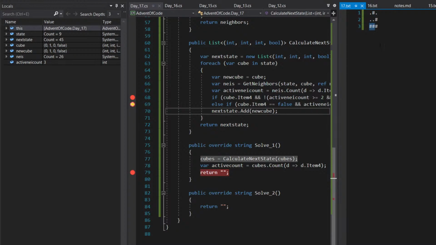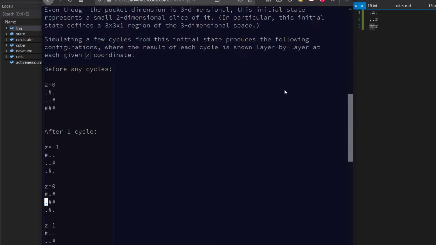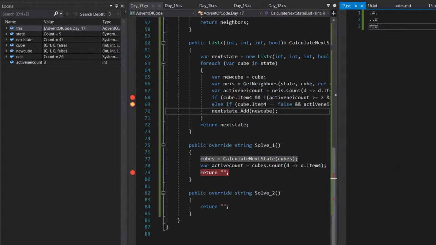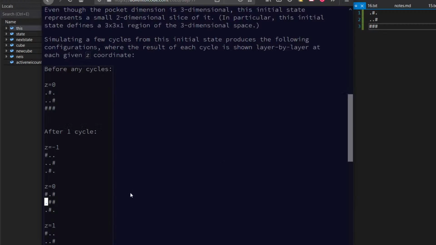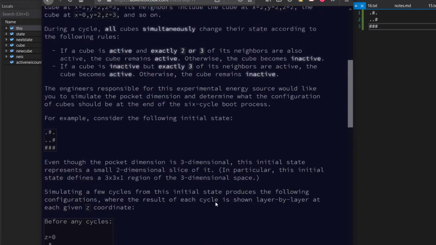There's 3 right there. Cube 0, 1, 0. Which should be this guy.